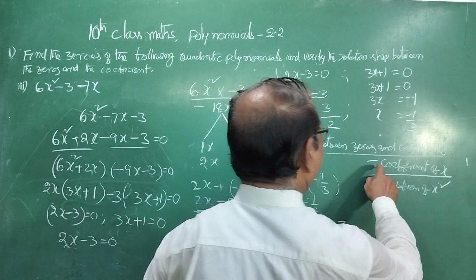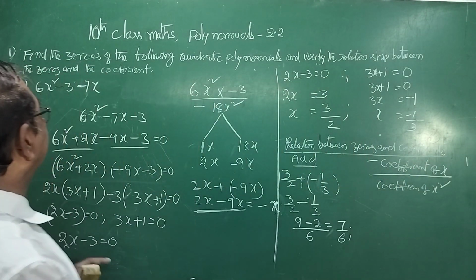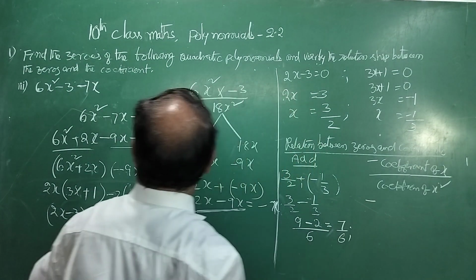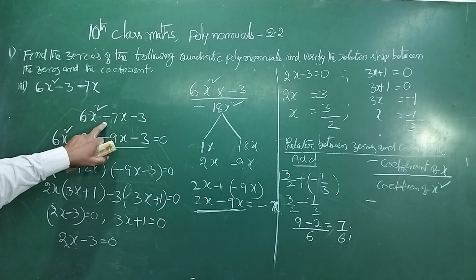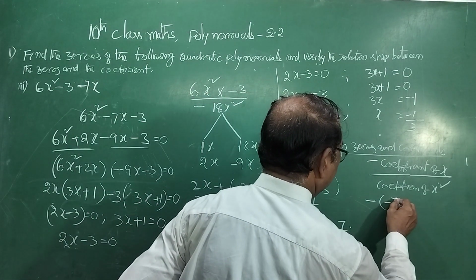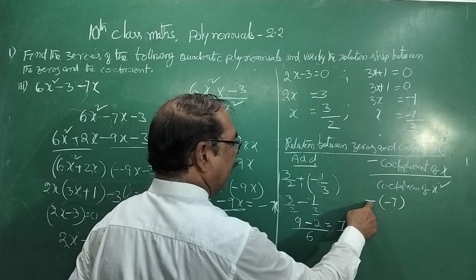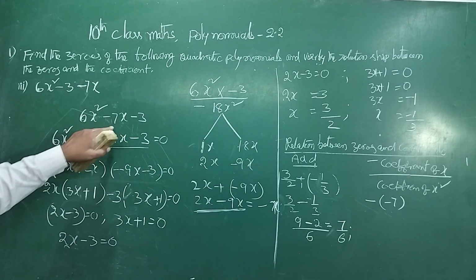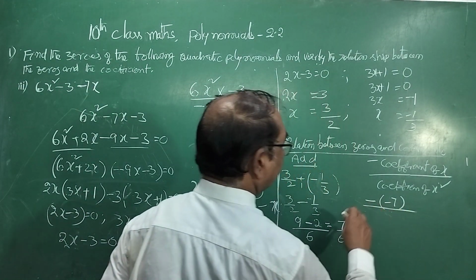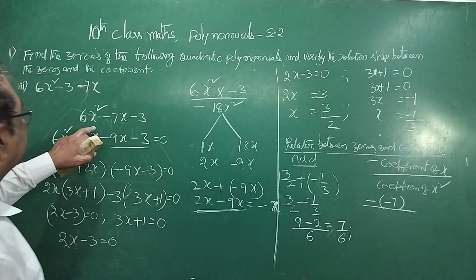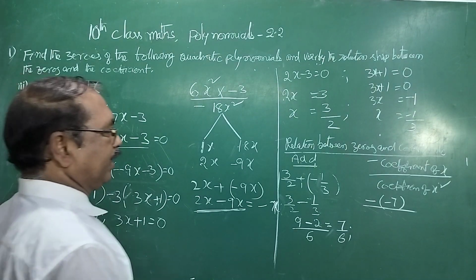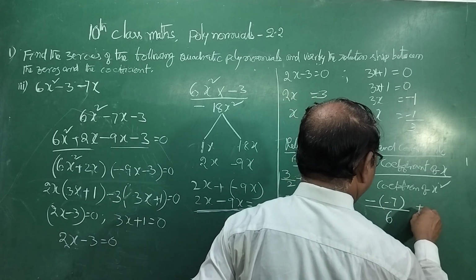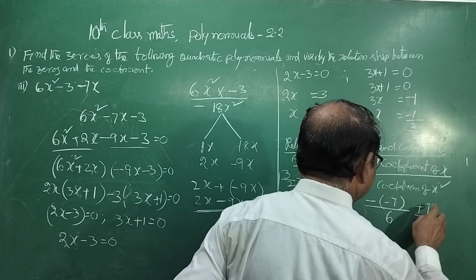The coefficient of x is minus 7, so it is minus of minus 7, by the coefficient of x square, which is 6. So we get plus 7 by 6.